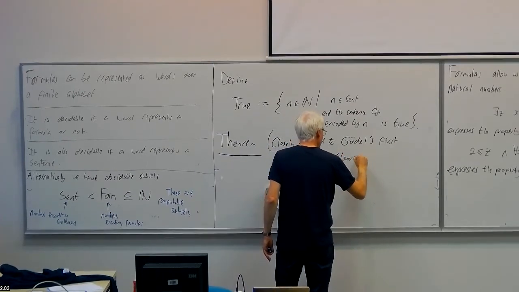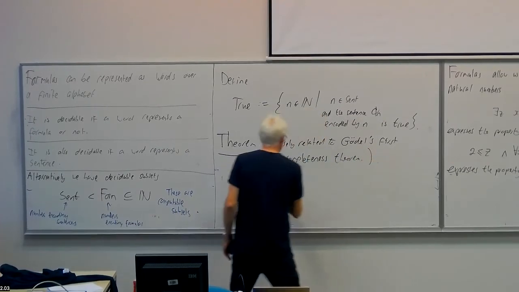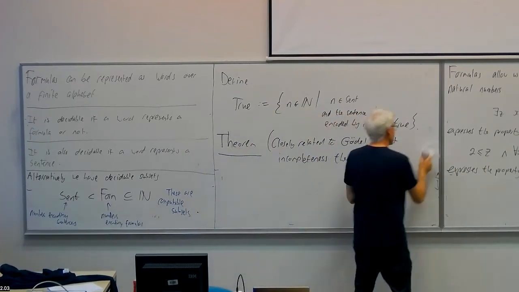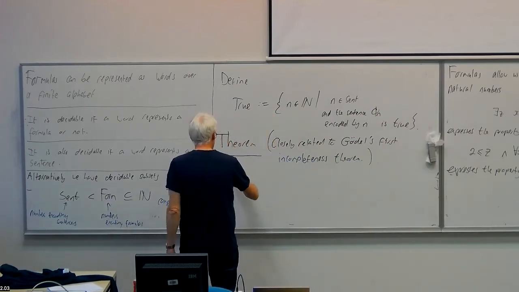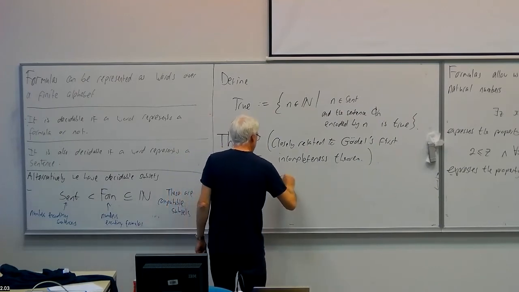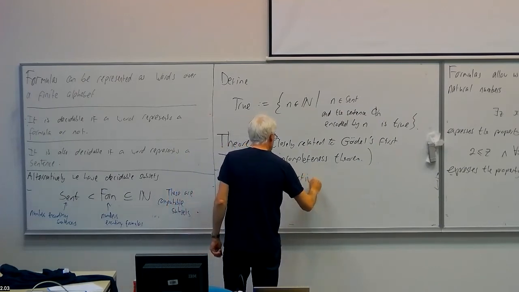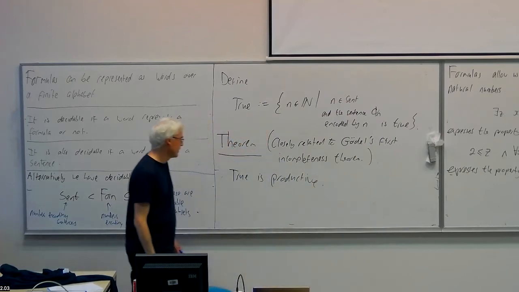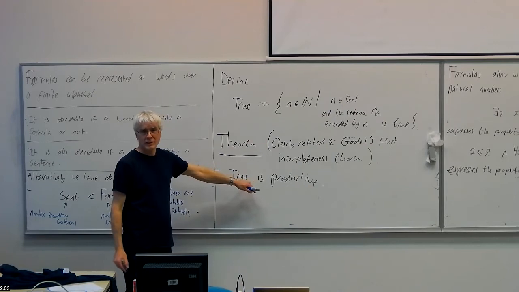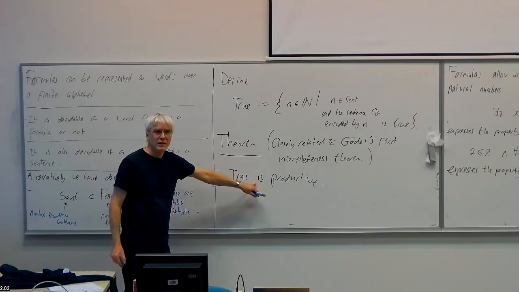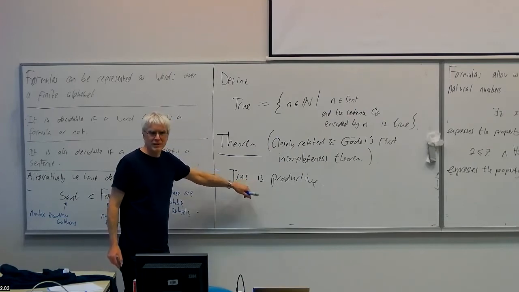But it's a very good theorem in its own right, and basically Gödel gets credit for it. And the theorem is that True is productive. It's not computable, it's not computably enumerable, and it's worse than not computably enumerable, in that it's not computably enumerable in a strong way.